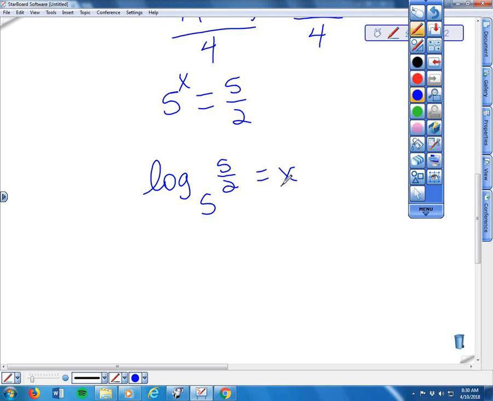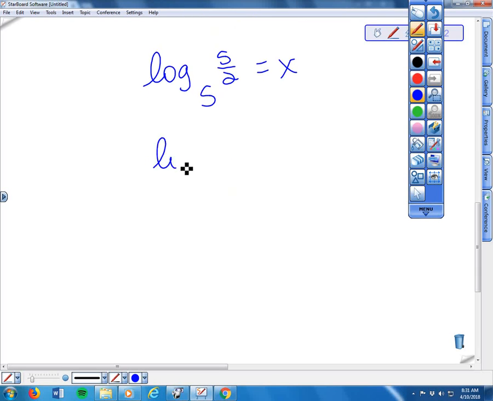So how could I solve this with the calculator? Log 5. Change of base formula. Change of base formula says I can make it the common log. Put a 10 there. I don't have to write it, though. And just put it in the calculator.